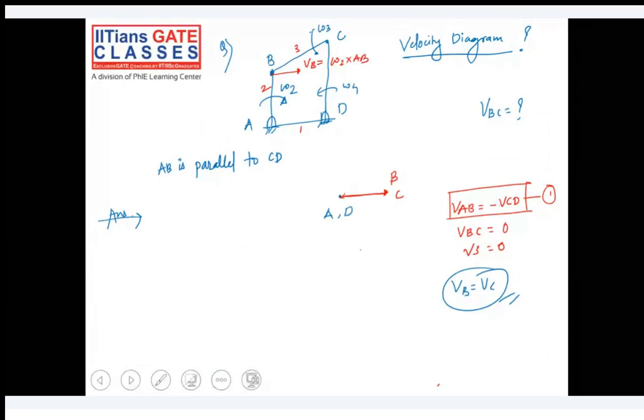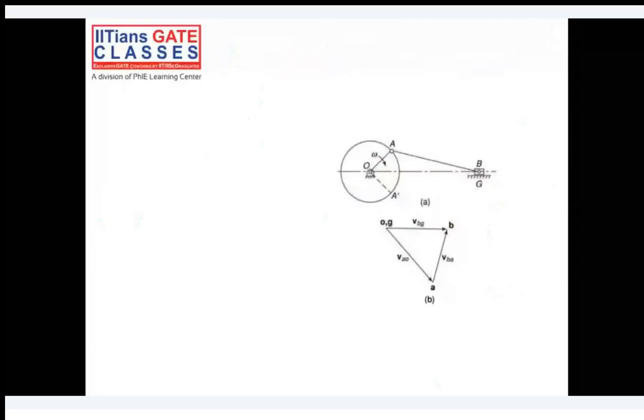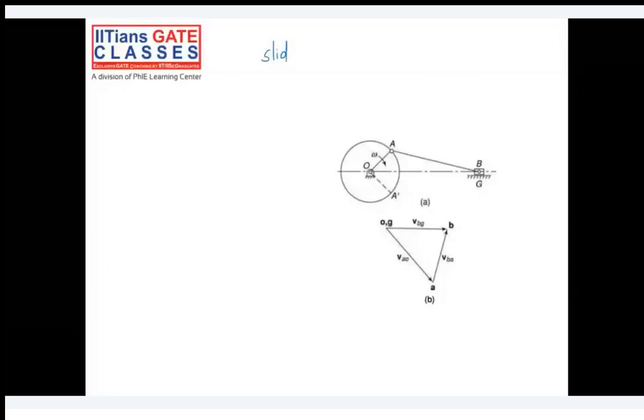Now let me give you one more example. So this we have already studied, right? If you remember in the last class, this is the slider crank mechanism.